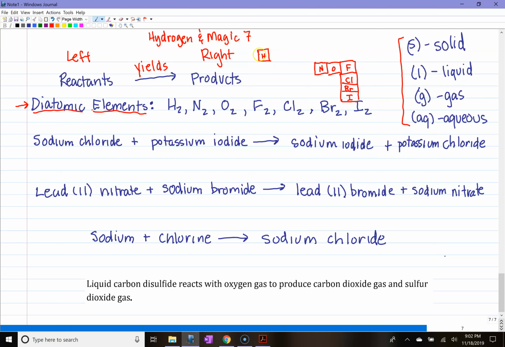So hydrogen's over here by itself. The other diatomics actually make a 7, the shape of a 7 on the periodic table.